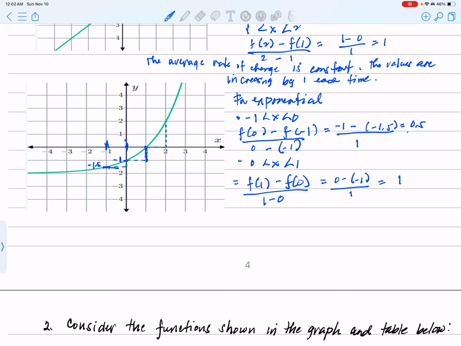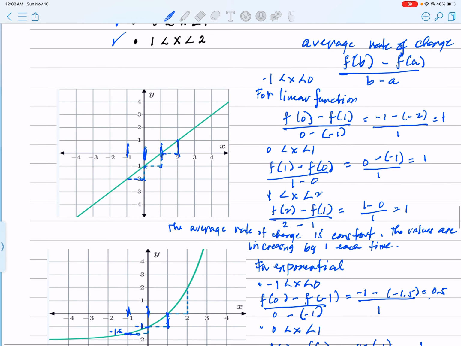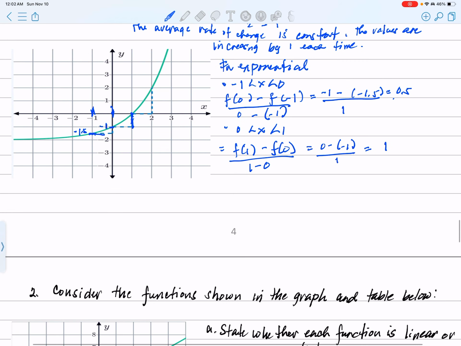This time it is from 1 to 2, the 1 to 2 interval. So f of 2 minus f of 1 over 2 minus 1.